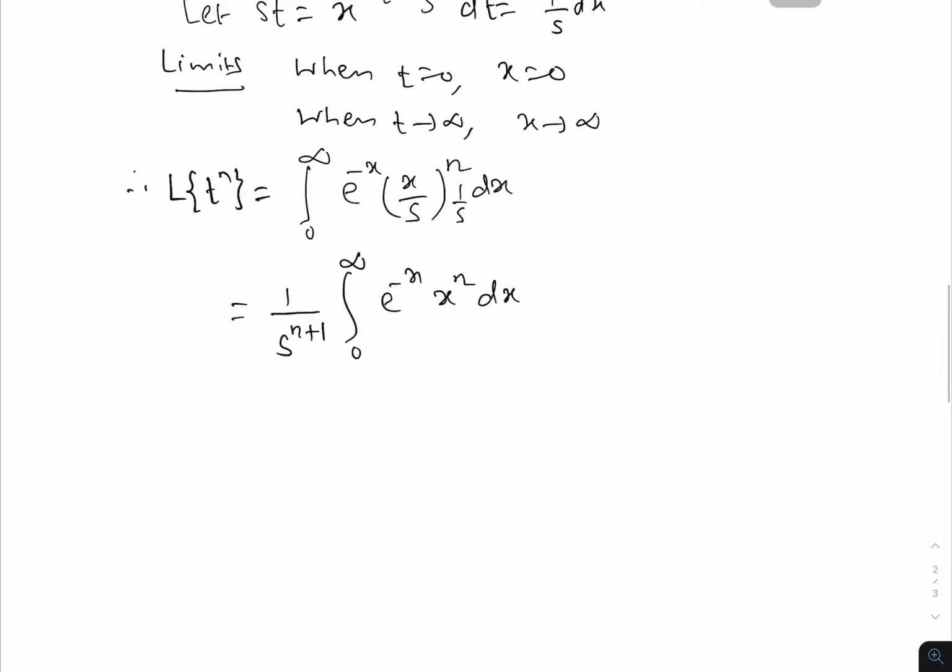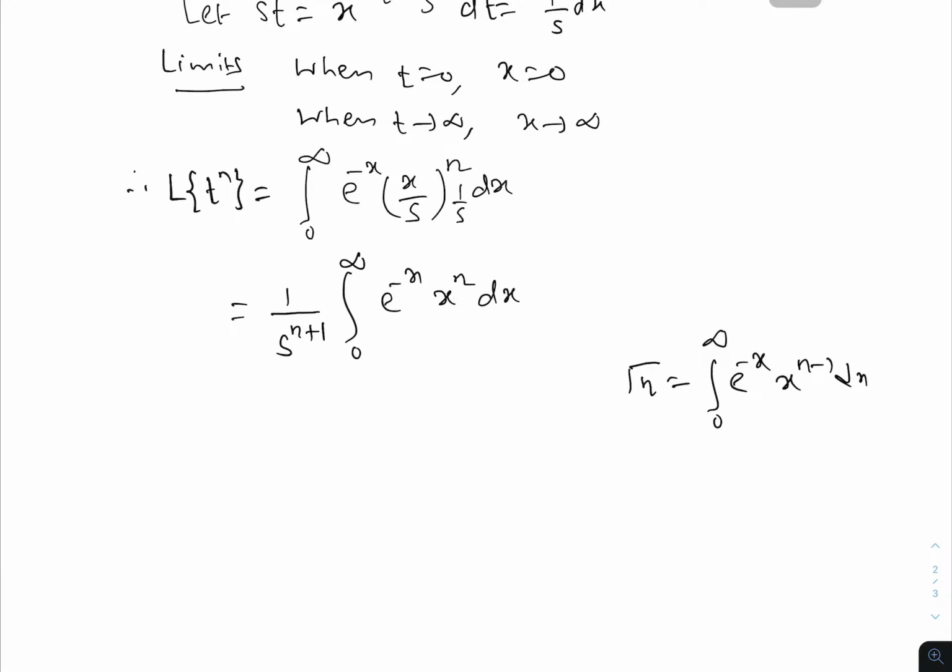Now we know from the first semester also that gamma n is the integration from 0 to infinity of e power minus x, x power n minus 1 dx. And now see, here you are having x power n minus 1, here you are having x power n.